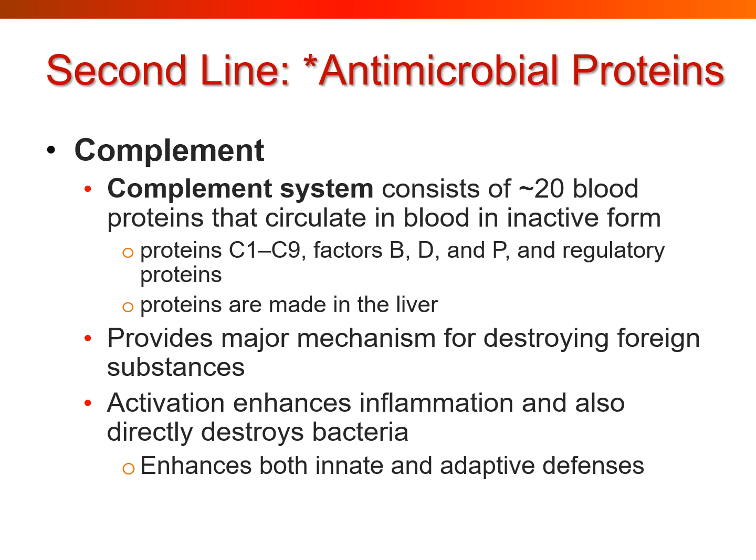And we're going to have proteins that are called C1 through 9, and then we have a bunch of factors with some letters after it, and then we have some regulatory proteins that are involved in this. All of these are made in the liver because, you know, liver is up in everybody's business.